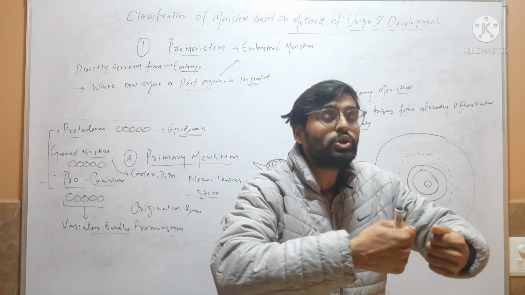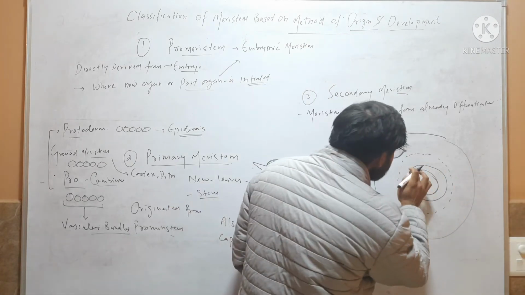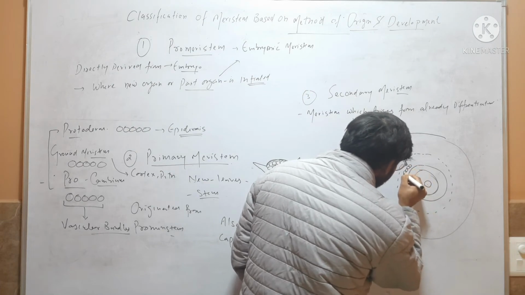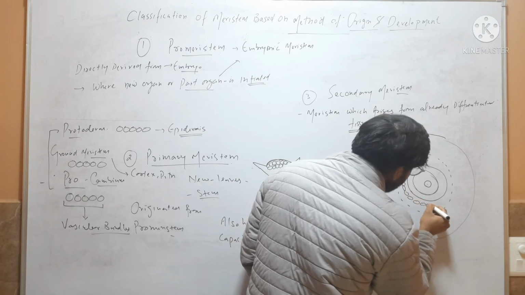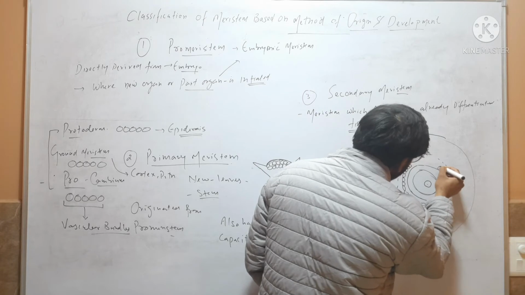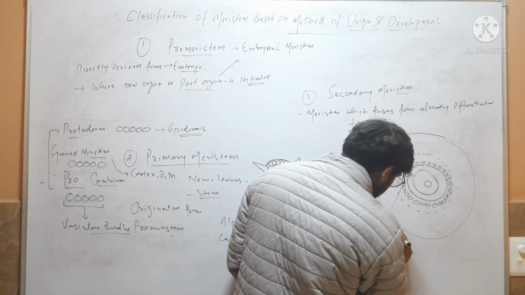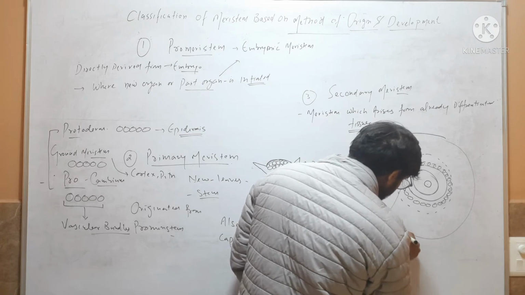But when the girth of a plant increases, then a layer of cells in this region becomes meristematic. That is called secondary vascular cambium.